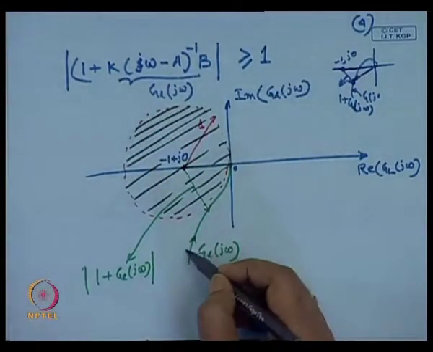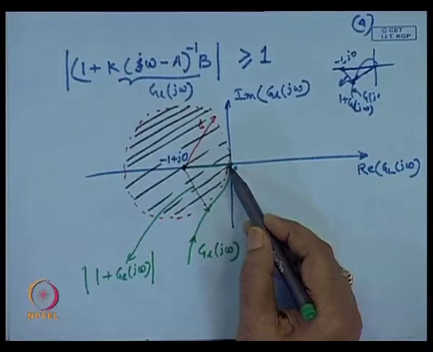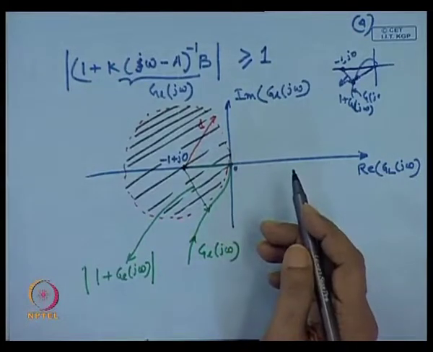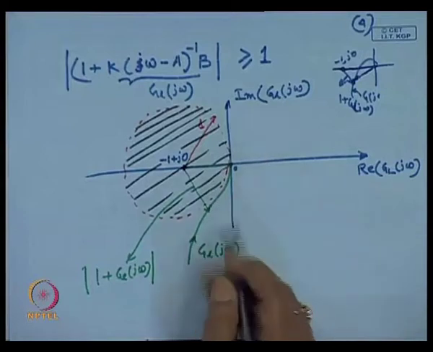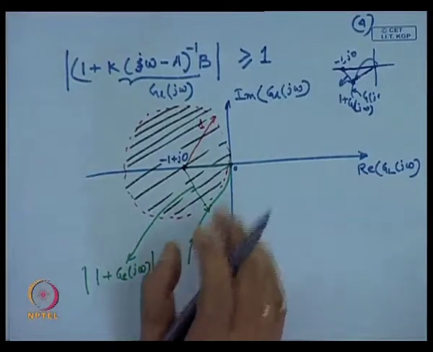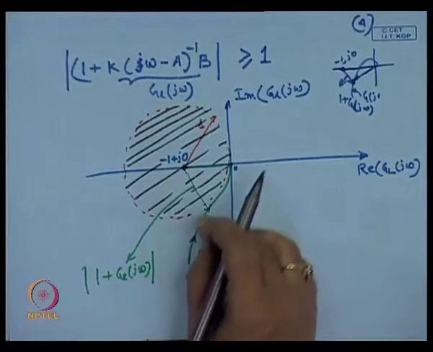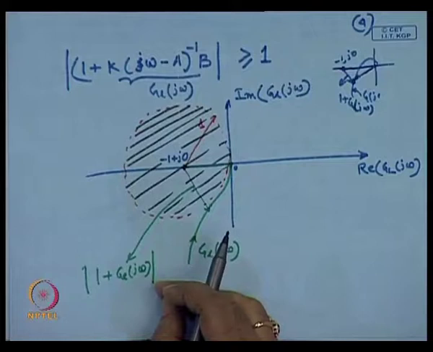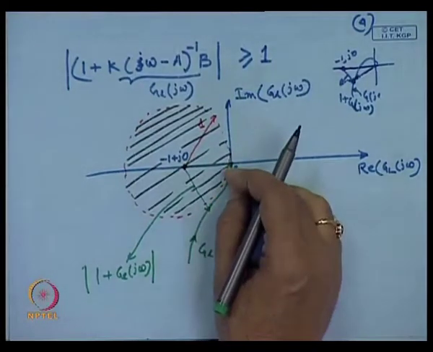So, look at this expression, it does not cross the real axis. So, what is our gain margin? Our gain margin is infinity. This is the present gain, and this is the locus, the polar plot of that loop transfer function.